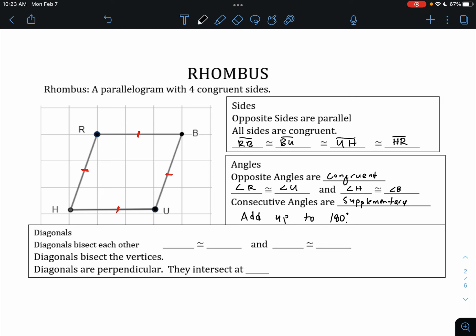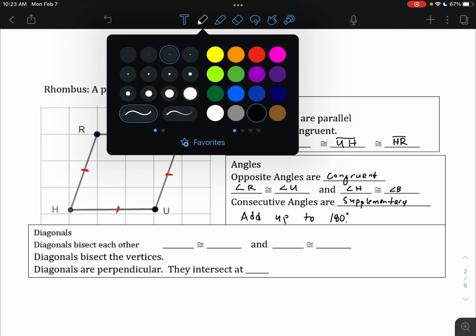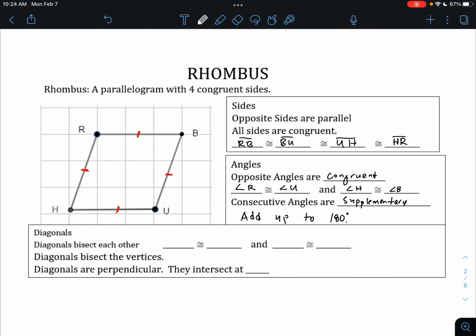Okay. Next thing we're going to talk about is the diagonals. So we're going to draw those in, H to B and R to U. Those are the diagonals of our rhombuses. And just like with parallelograms, we're going to go ahead and put in a point in the middle. I'm going to call this one point M. And since this is a type of parallelogram, we know that the diagonals bisect each other. They split each other in half.